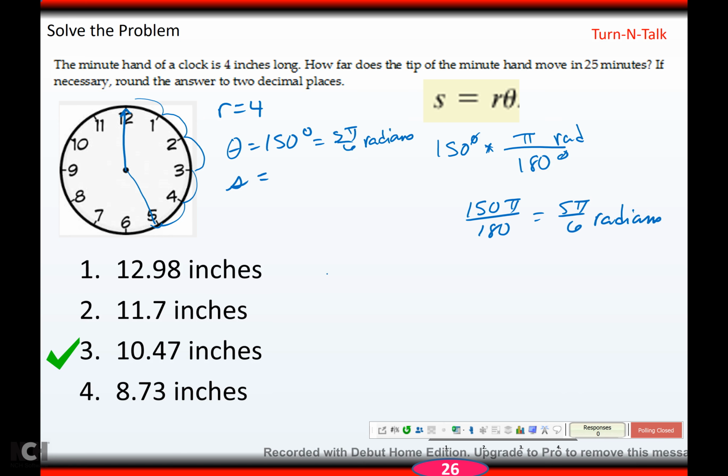I can use my formula and say that arc length equals my radius times my theta. And if you do 4 times 5 pi, enter, divided by 6, you get 10.471975551. To 2 decimal places, the 1 won't bump it up, and you get 10.47 inches.